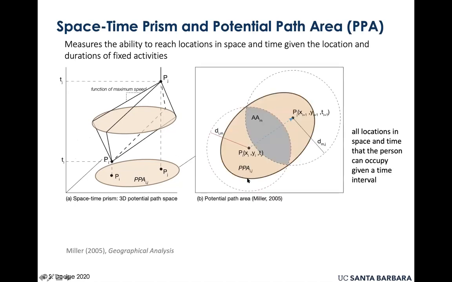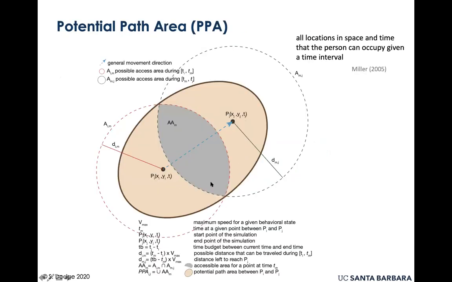We can compute this at each step, basically the area that can be accessible by each entity within a time interval, for example 10 minutes, depending on the maximum speed.